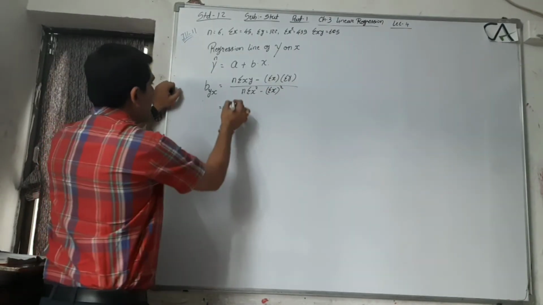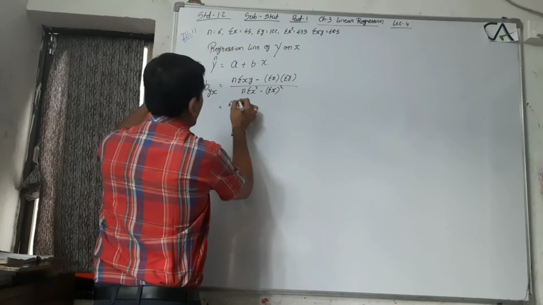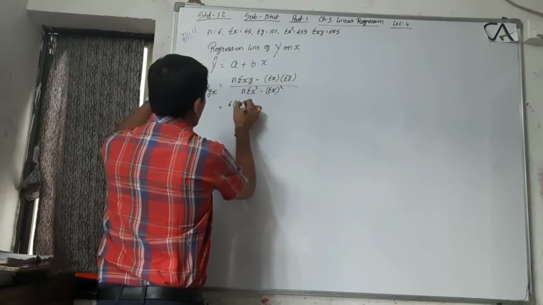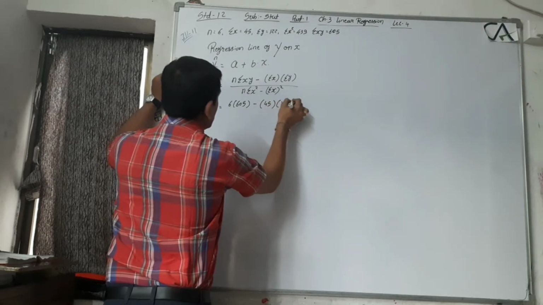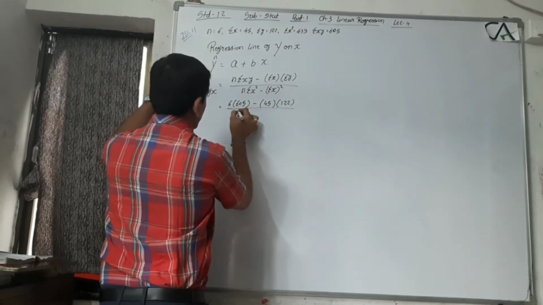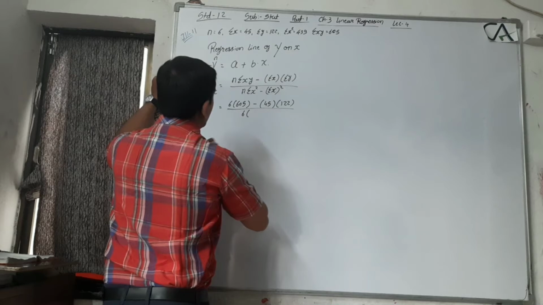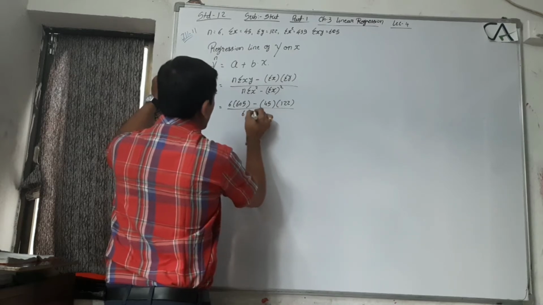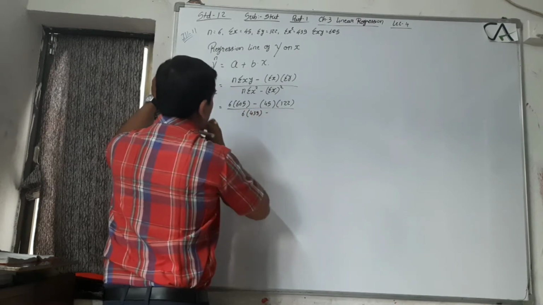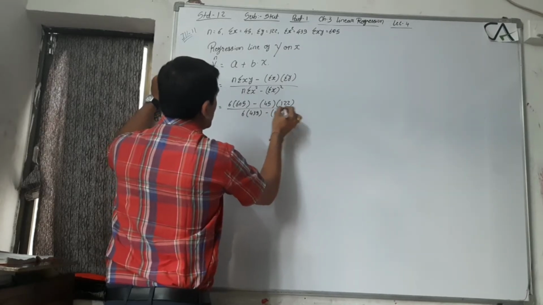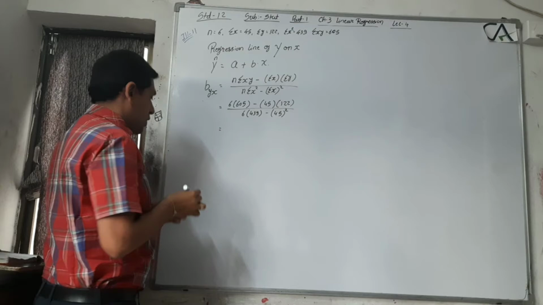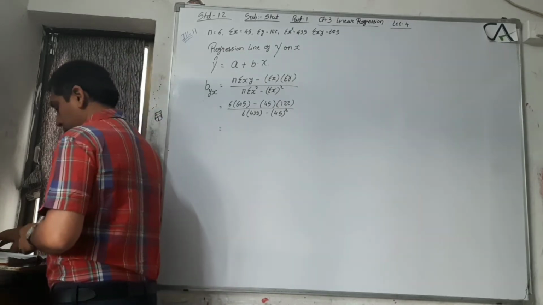What is your n? 6, sigma xy 605, sigma x 45, sigma y 122, and that is 6, sigma x square 439 minus sigma x whole square, that is 45 square. Make the calculation in your calculator.